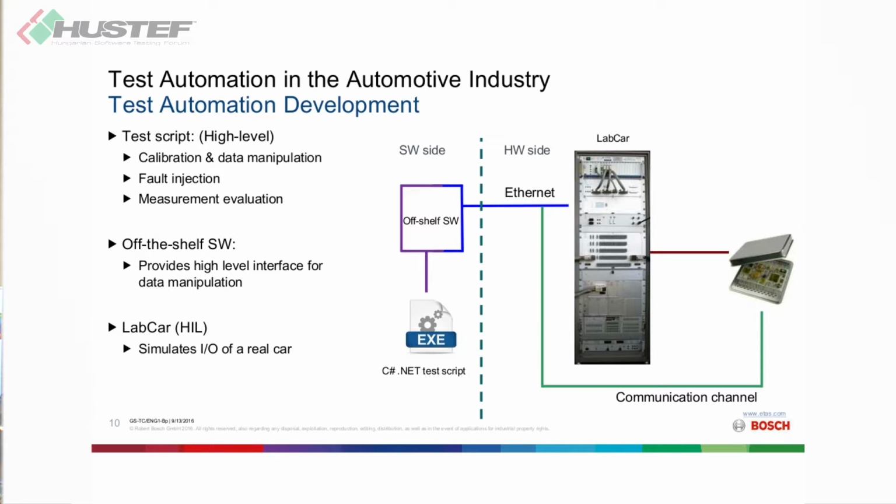So it stimulates the input and output signals of a real car. And then, as there are standard communication channels within the automotive industry, there are a lot of off-the-shelf solutions which we can use, and we add our own implementation and automation to this software.